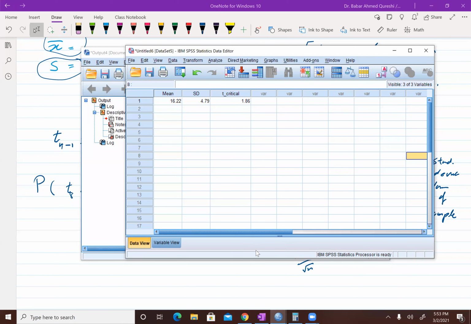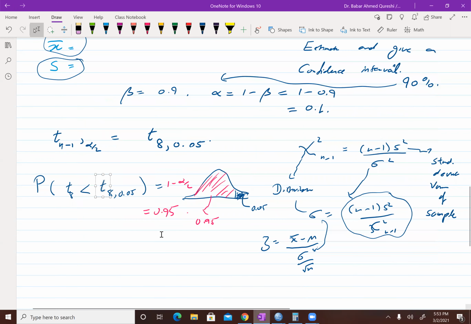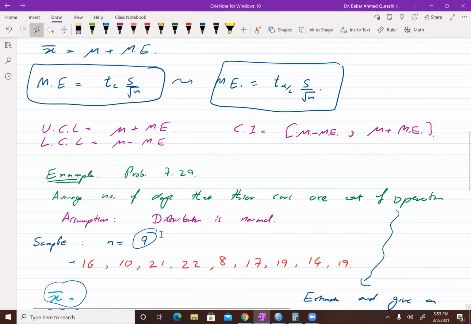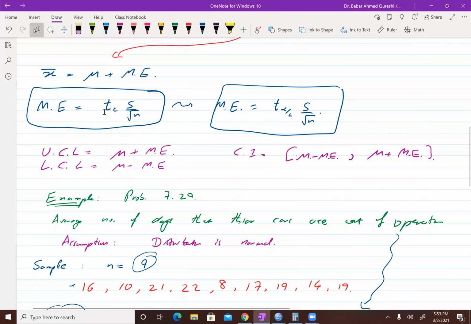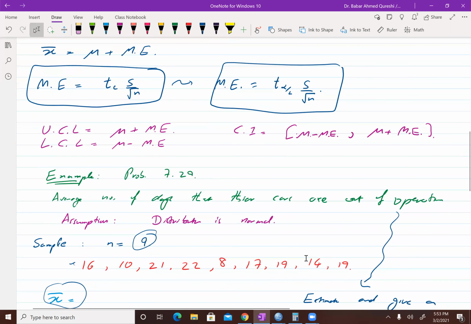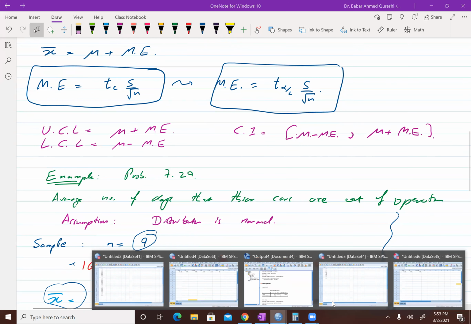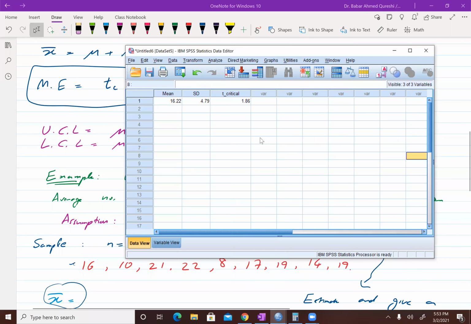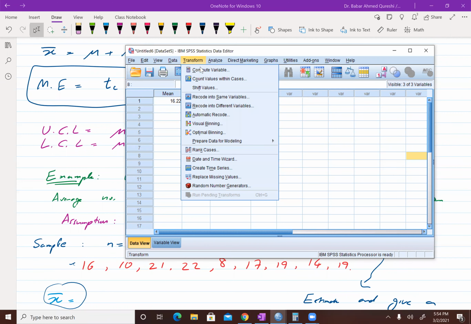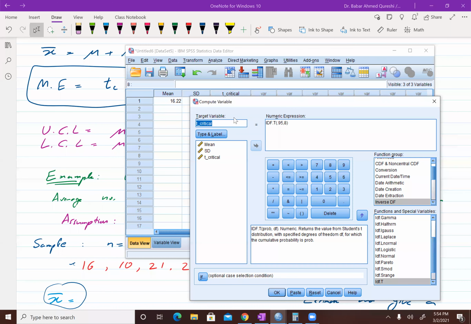So I found this, and then I have to use this formula to compute the margin of error: t critical times s over the square root of n. I can do that directly in SPSS again. Again, I go to Transform, Compute Variable, and this time I want to call it margin of error. And this is not what I'm computing, so I erase it.